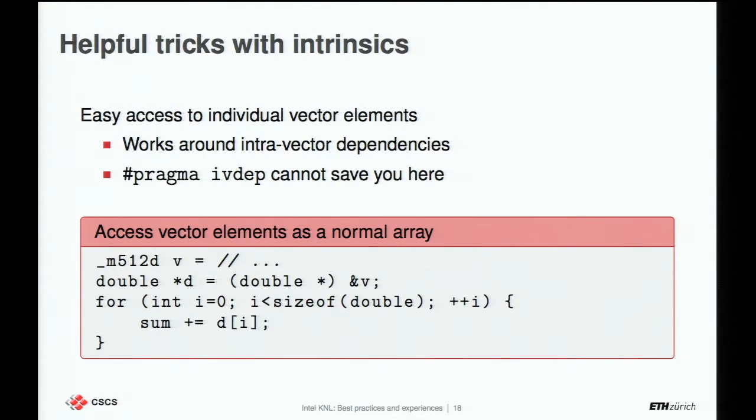Basically, you can treat a vector type, and we can do this fancy cast, and then you can work on it like normal doubles or floats. So if at some point you're going to go through each vector element individually, this would work.